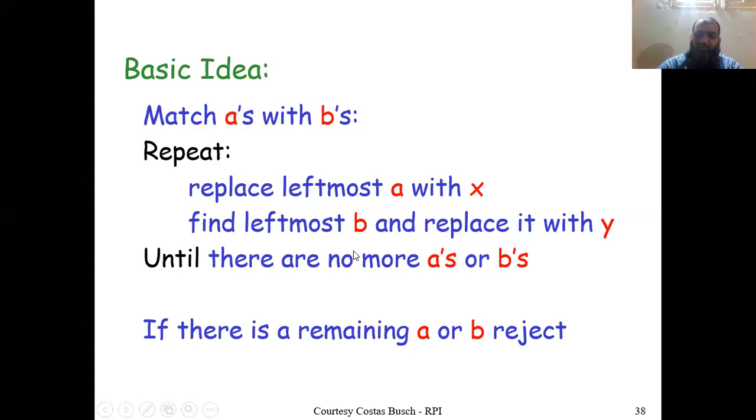When the A's and B's are equal and matched, we will stop, and if the stopping is in a final state, then it will accept. If there is a remaining A or B, let's suppose there are 3 A's and 2 B's, then it will reject. If there are 2 B's and 1 A, then it will also reject. There should be matching: as many A's as B's, both should be equal.